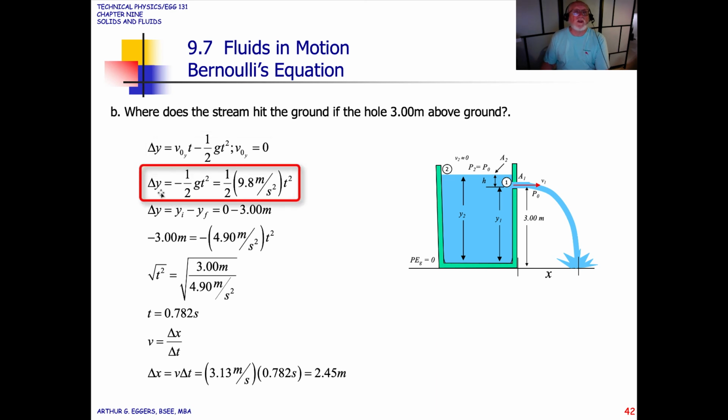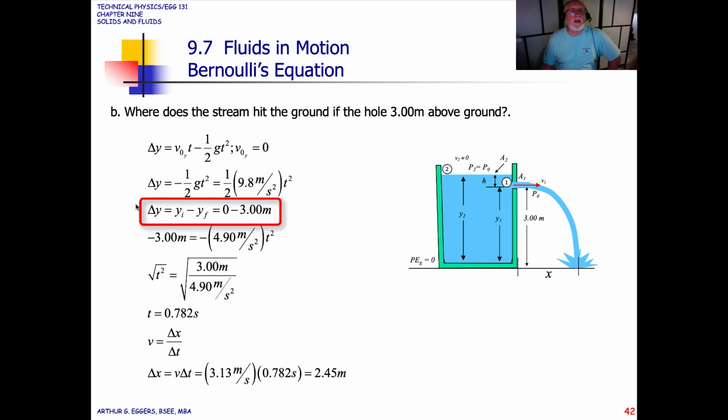So as we start entering the values in our terms and taking care of our 0 terms, okay, that first term goes away. We're left with delta y is equal to minus 1/2 g, the acceleration of gravity, times time squared. We have 1/2 of 9.8 meters per second squared times time squared.